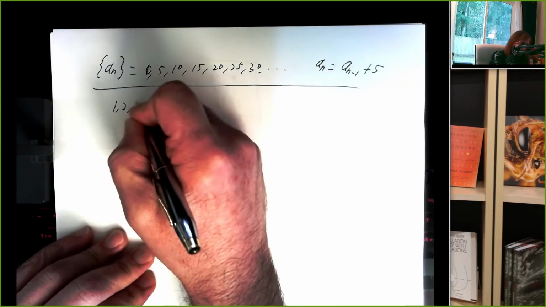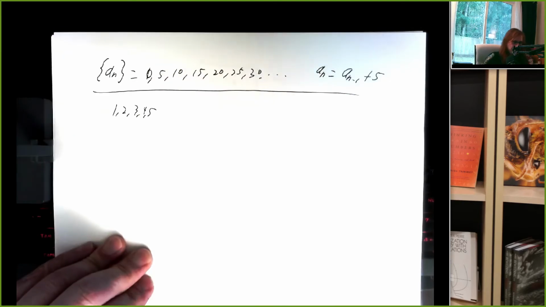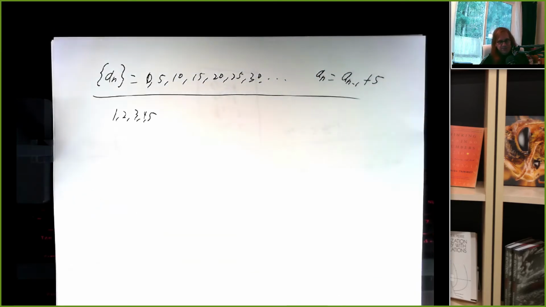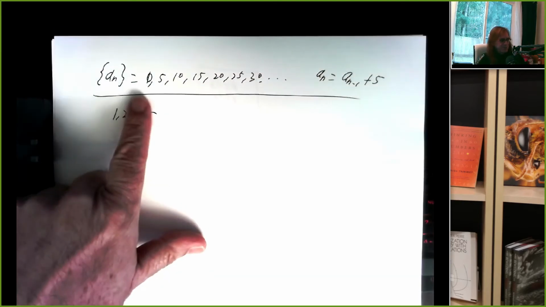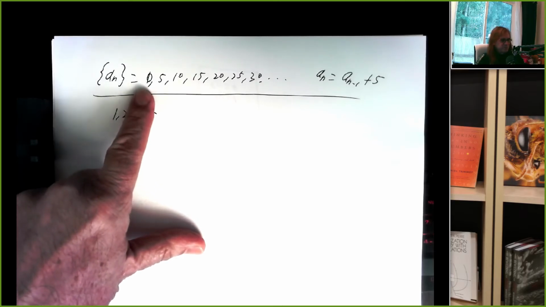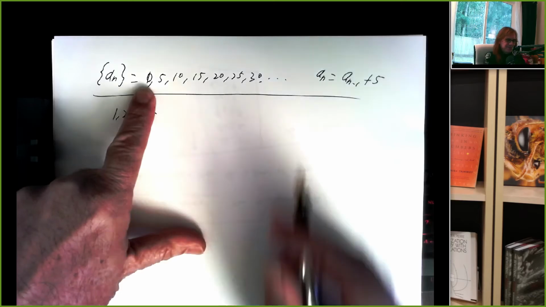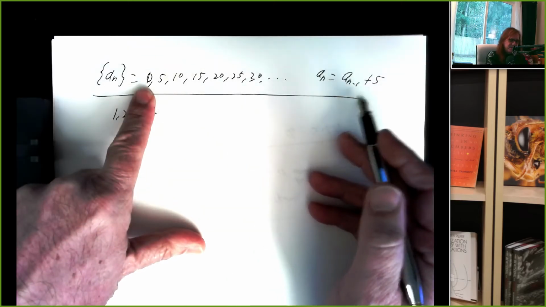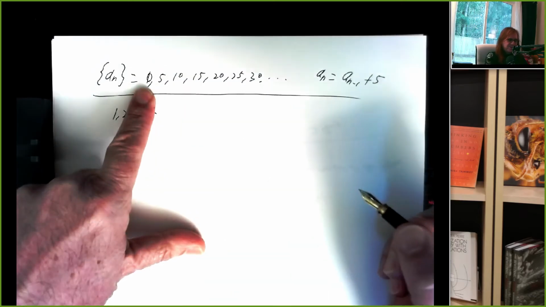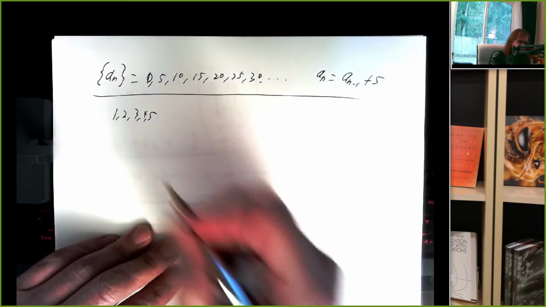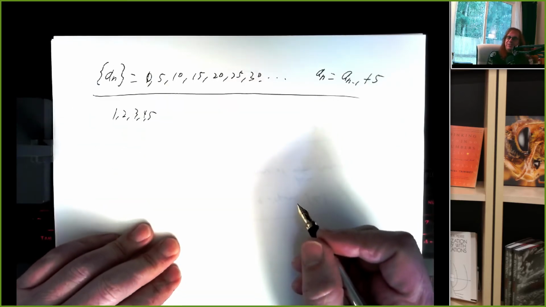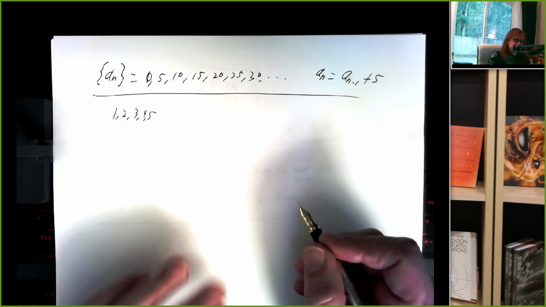How does that work for the first term? Can you have a with negative n? That's a good question. So this does not describe what a1 is, because if this is a1, this formula tells me a1 would be a0 plus 5, but there is no a0. So when you use a recurrence relation like this, we usually have to specify what's called an initial condition.